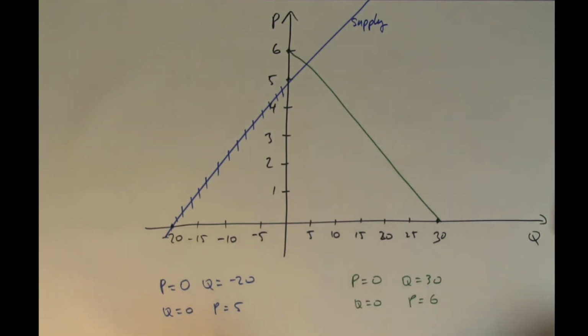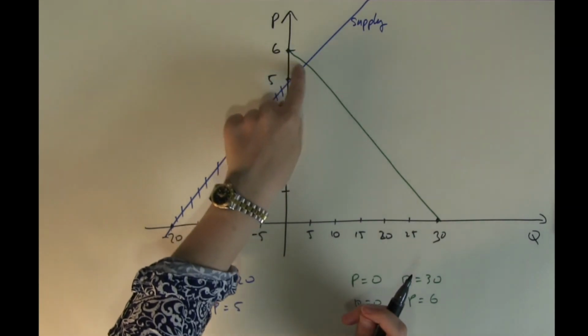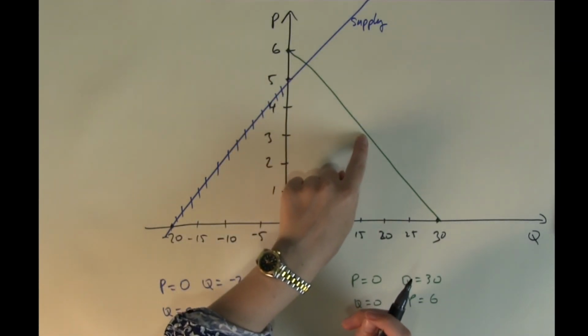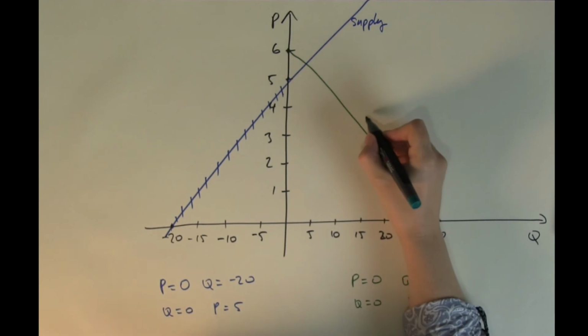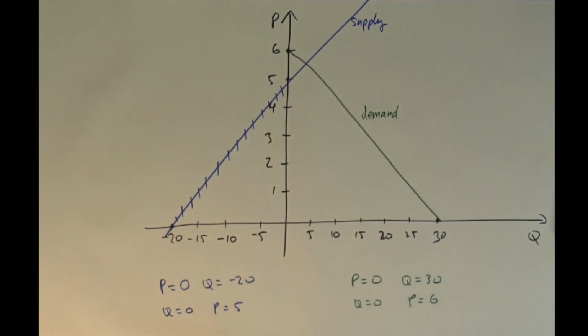And obviously the other one has to be the demand. But again, just think about it. As price goes down, buyers are going to buy more and more of the product. So that's how demand works. The cheaper the product, the more you can sell.